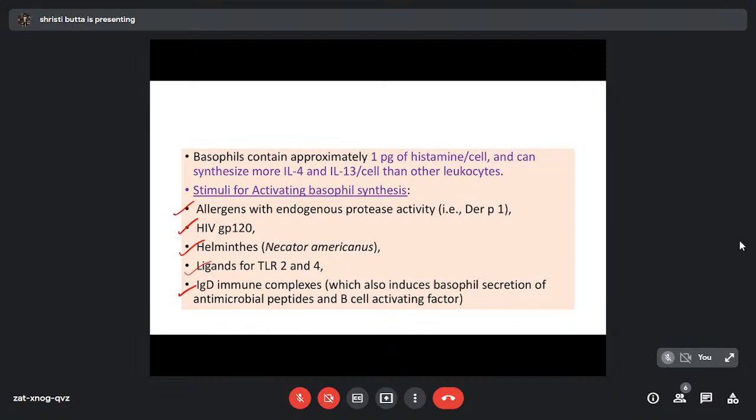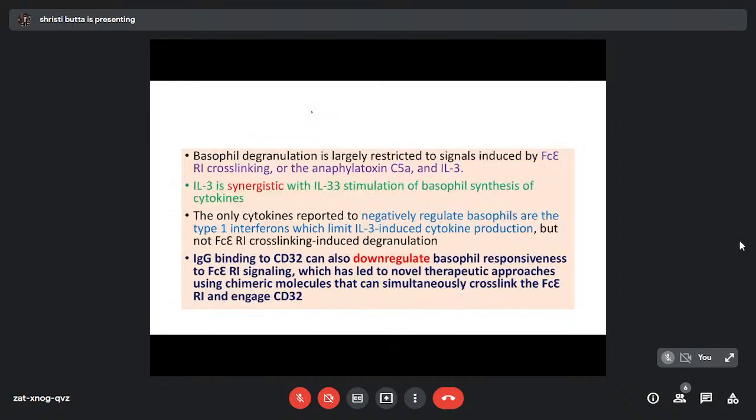It is very important that IL-3 synergistically acts with IL-33, and that allows for basophil synthesis of cytokines. The only negative regulator of basophils is type 1 interferon.